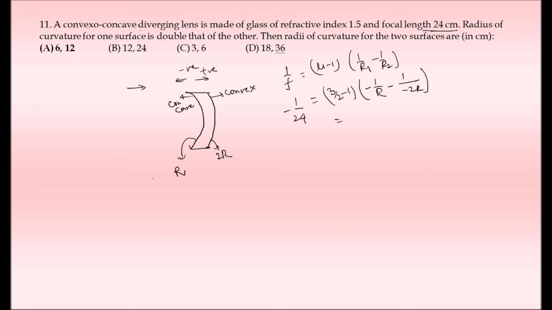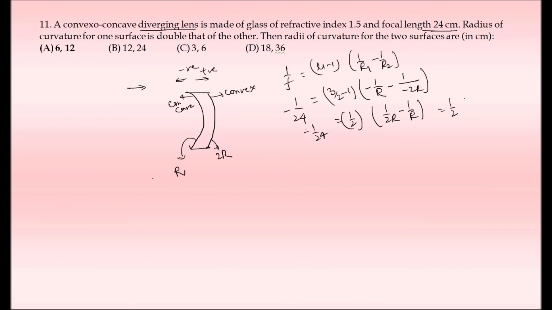You should know that if you see the diverging lens, then apply minus 1 by 24. If it were a converging lens, then it would have been 1 plus 1 by 24. So minus 1 by 24 is equal to 1 by 2 into 1 by 2r minus 1 by r.